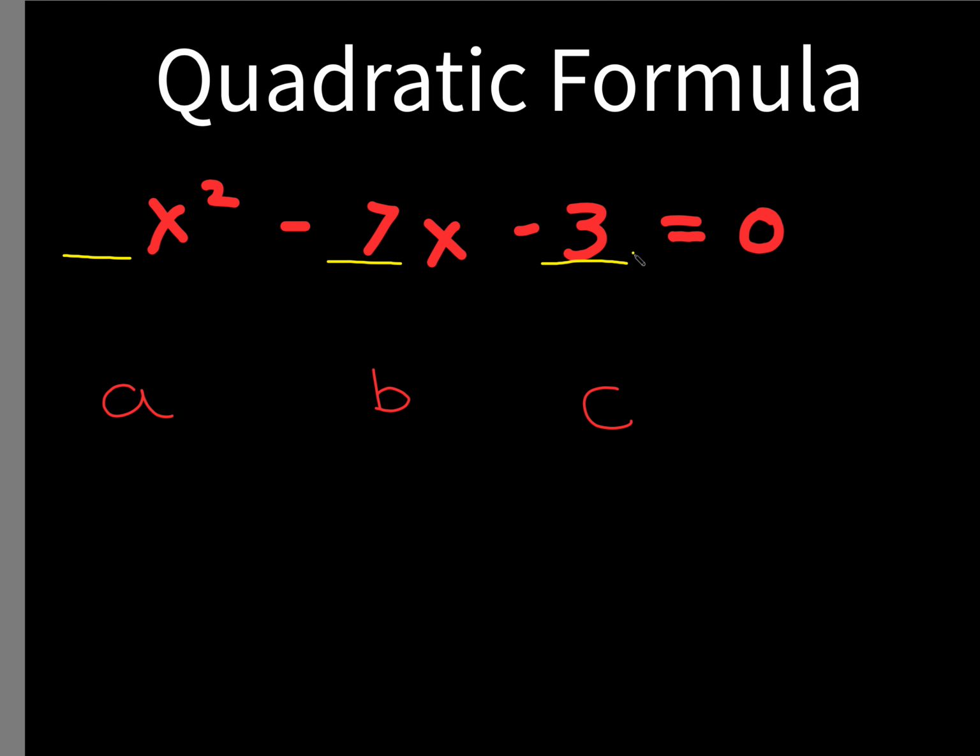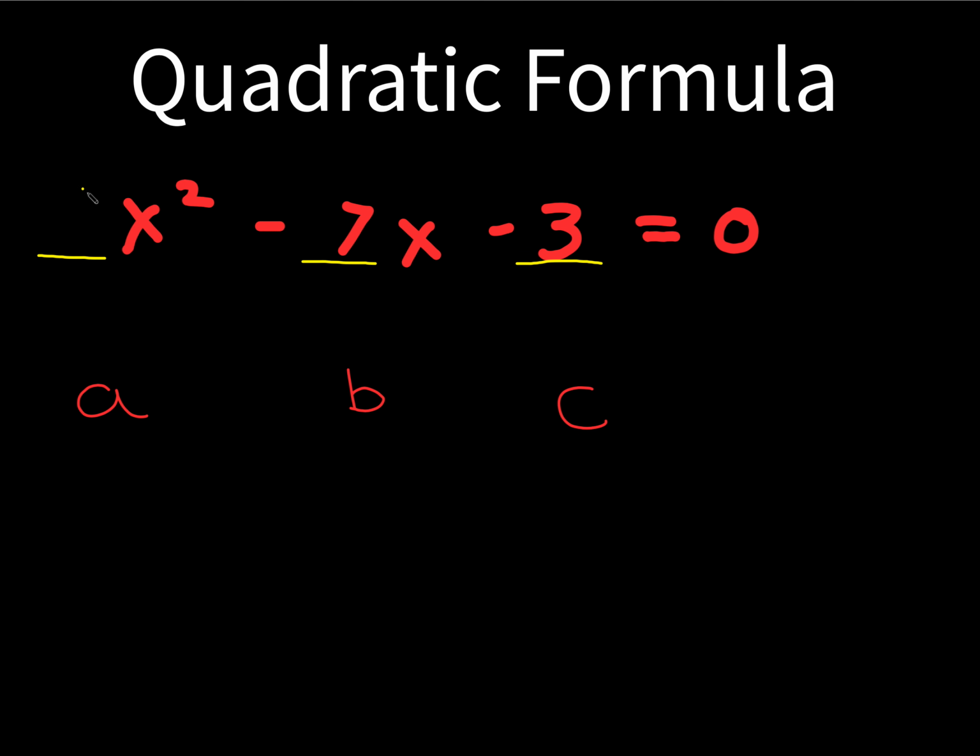Now, since there is nothing here, we're going to go ahead and assume that the coefficient of the x squared is 1, since 1 times x squared is equal to x squared on its own. In the case of the x to the power of 1 here, the coefficient we're looking at is -7.